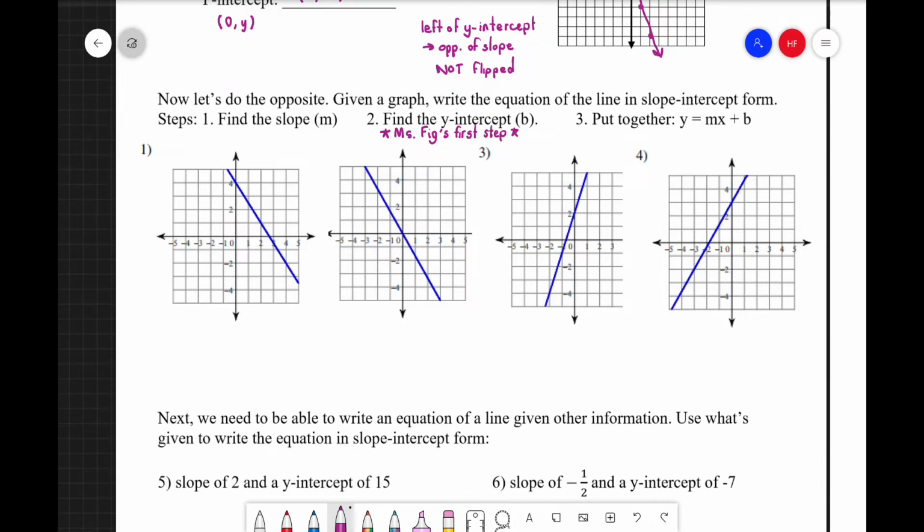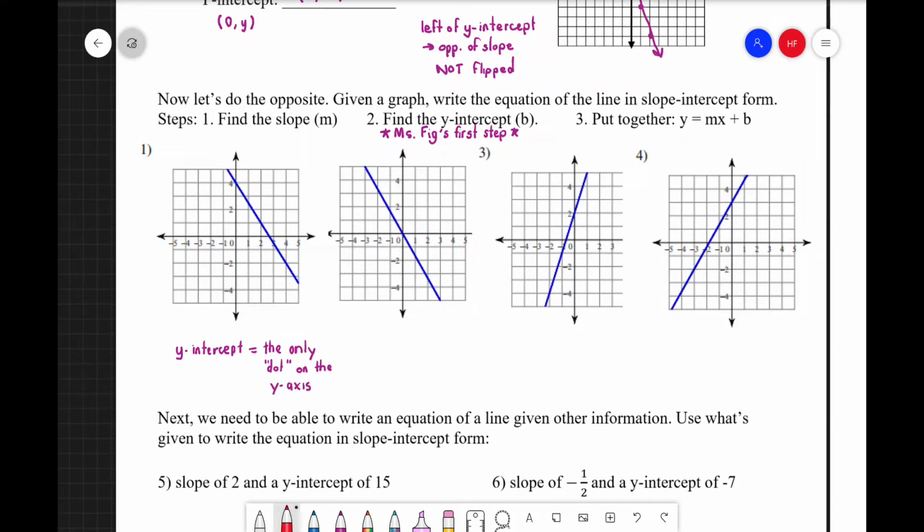So I'm going to find my y-intercept. Unless it is a straight up and down line, the y-intercept is going to be the only dot on the y-axis.